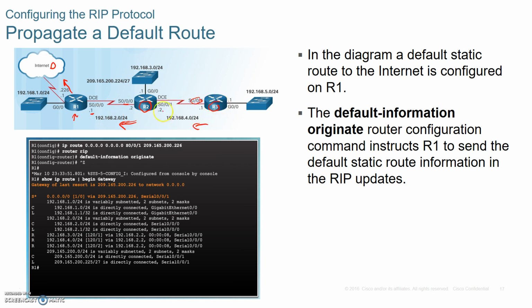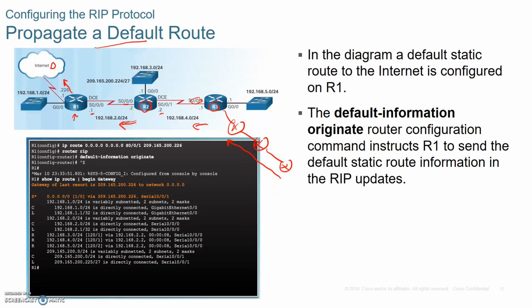Imagine you have a lot of routers, so you need to manually configure the static route on each. Instead of manually configuring static routes on all these routers, we can ask RIP to automatically propagate this default route, so that the routes appear automatically on the routers as RIP routes.